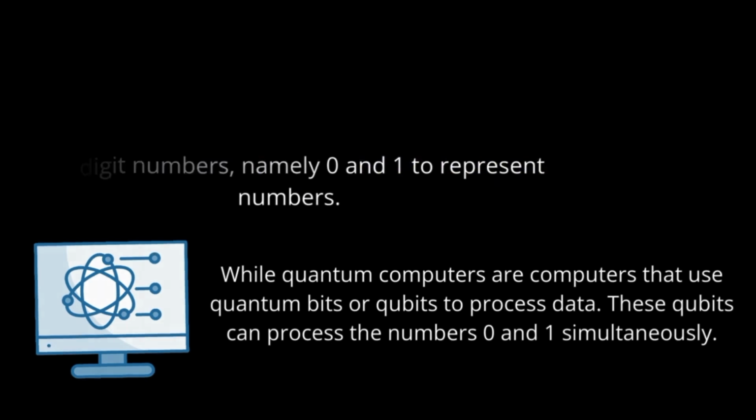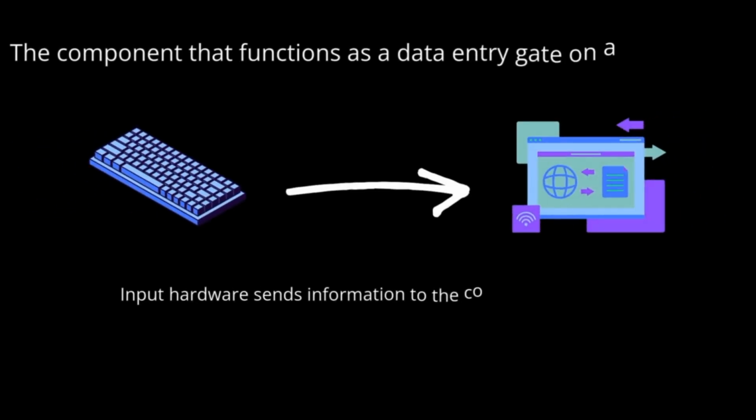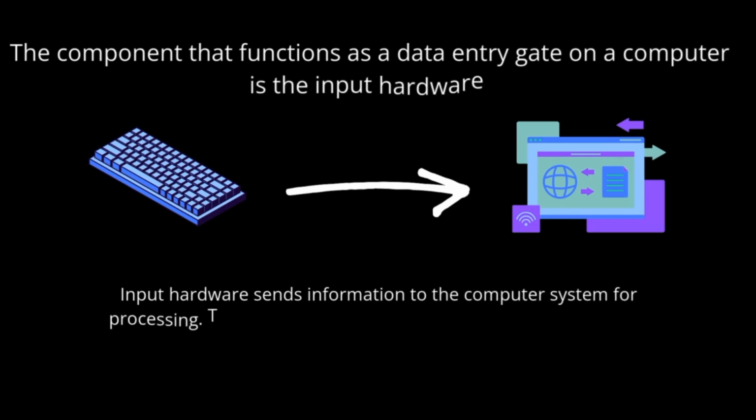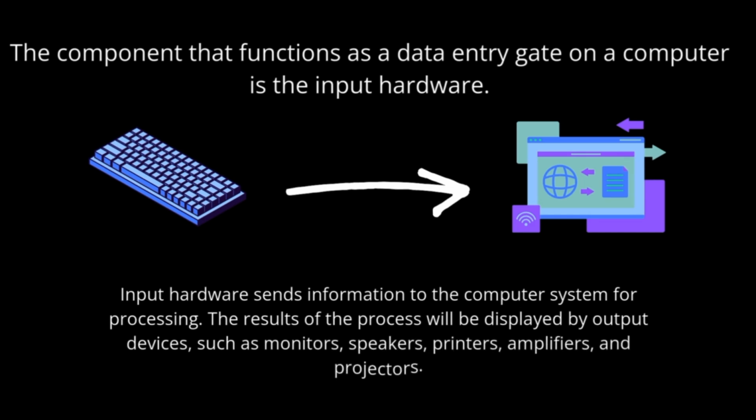The component that functions as a data entry gate on a computer is the input hardware. Input hardware sends information to the computer system for processing. The results of the process will be displayed by output devices, such as monitor, speaker, printer, amplifier, and projector.